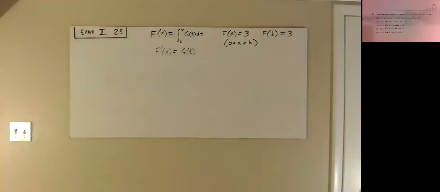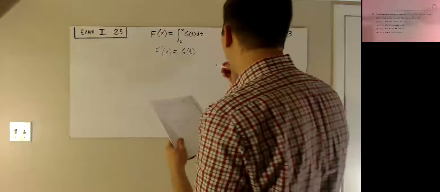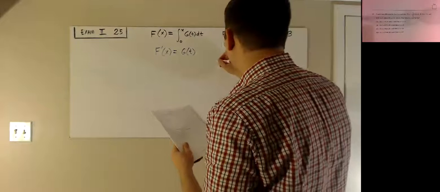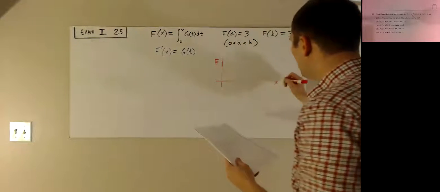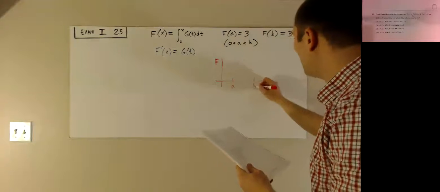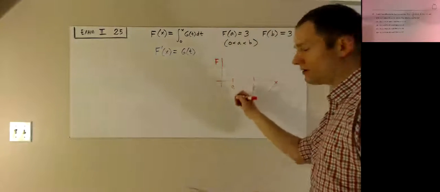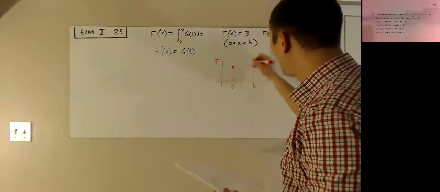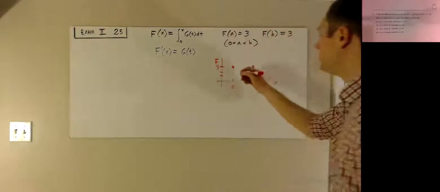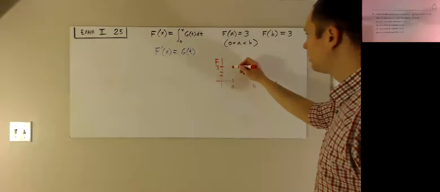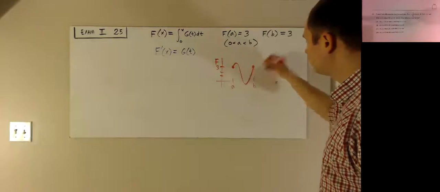I'm going to graph a possible picture of F first. Off to the side, here's a picture of big F. A, B, both of which are bigger than 0. B is bigger than A. So we're told that F of A and F of B are both 3. Okay, so what does F look like? Well, I don't know. It could look like all sorts of things, right?